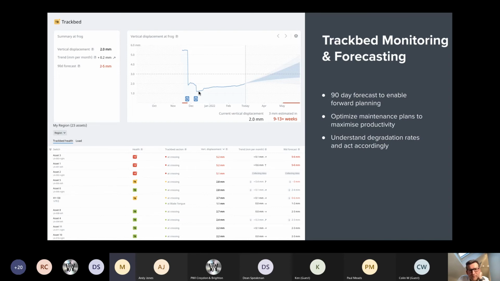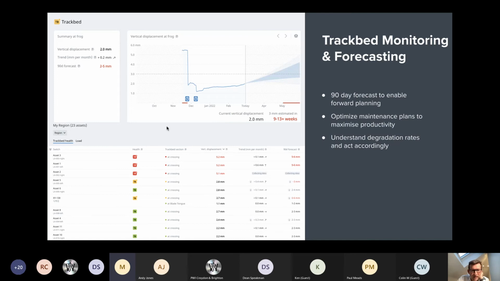A further intervention has happened again, and then over time it's starting to go back up, and we can then predict within this cone where it's likely to get to within the next 3 months. So within the next 3 months, you've got a strong likelihood that you're going to exceed the threshold that's been set by this particular infrastructure owner.